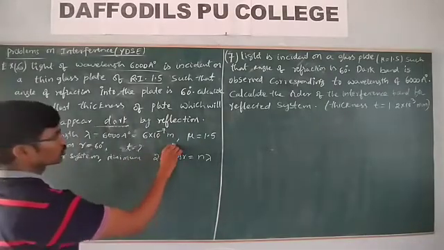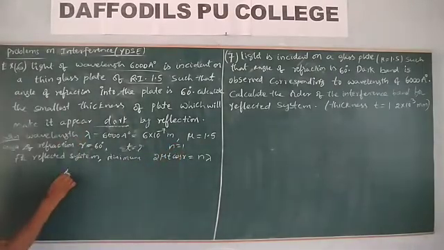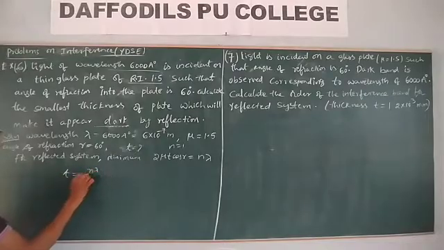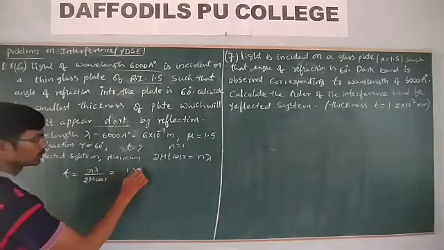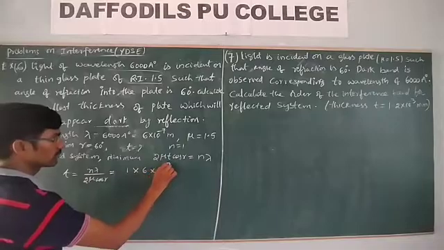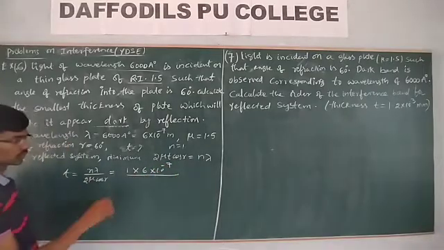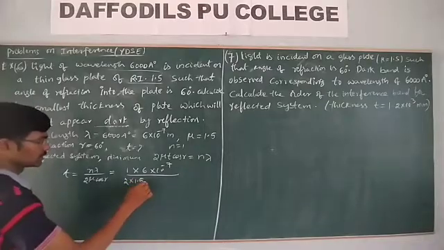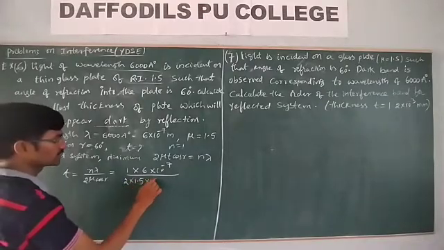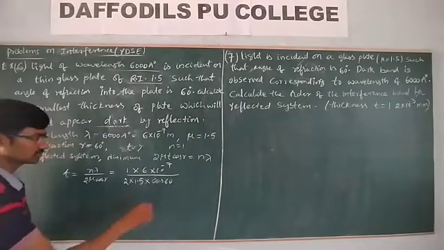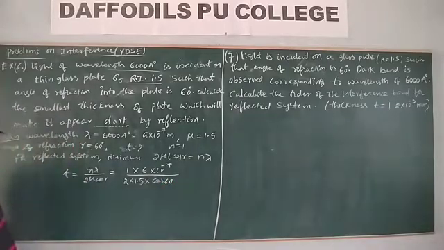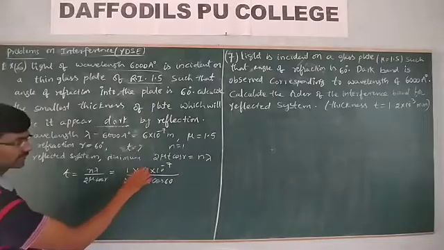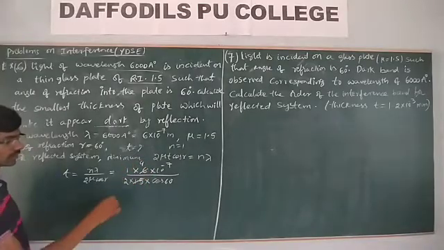n is equal to 1 you take. Then t is equal to n lambda by 2 mu cos r. That is equal to 1 into 6 into 10 power minus 7 by 2 into refractive index 1.5 into cos r, r is 60.